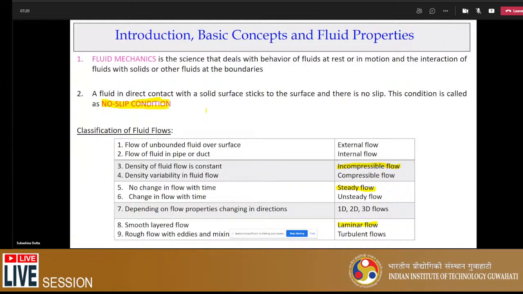If that surface is moving with velocity v, the fluid particles attached to it, very close to that surface, will have the same velocity. That's what is called the no slip condition. We have highlighted it because it will be thoroughly discussed in the next series of lectures, how fluid mechanics problems are really unique when you apply the no slip condition.